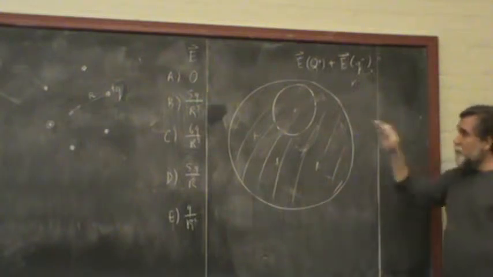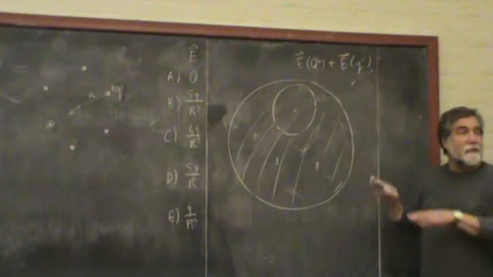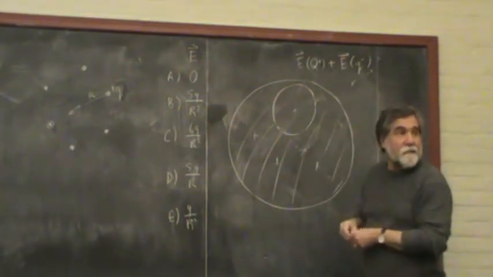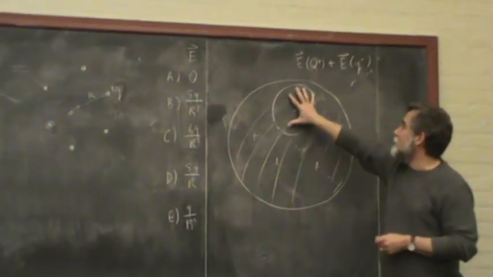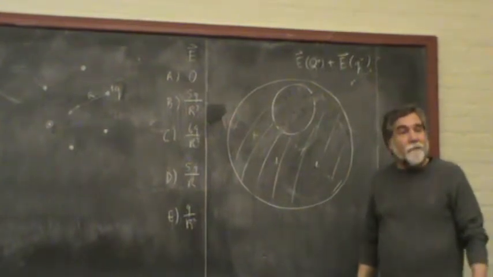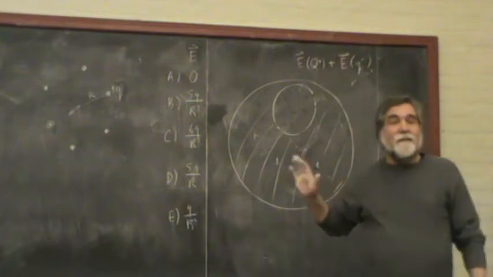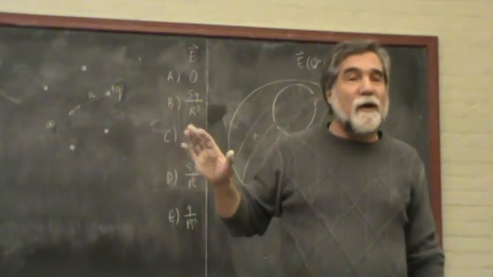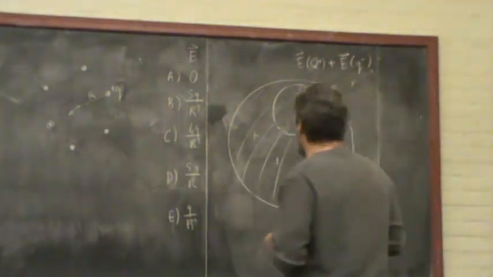So this problem, which could be really horrible to solve if you actually had to integrate over all of this distribution, becomes really easy because it's the field due to this minus the field due to that. Then you're done. Okay? So this idea, the superposition principle, is very useful for solving problems quickly, rather than having to actually do the integrals.